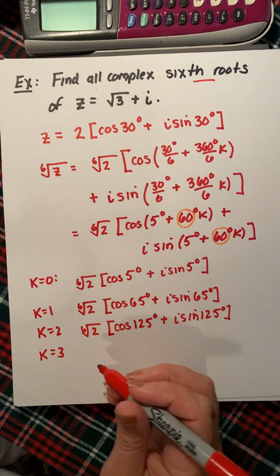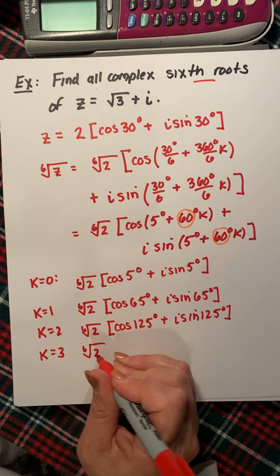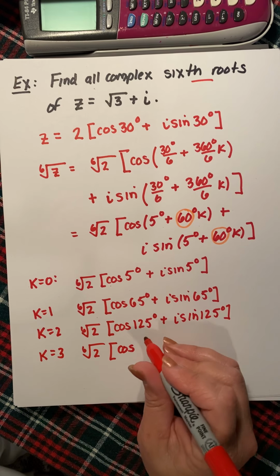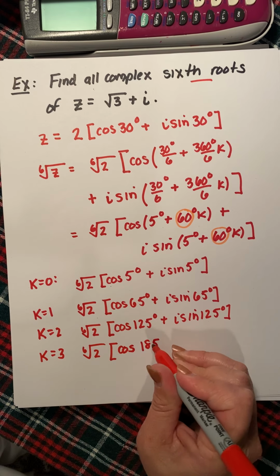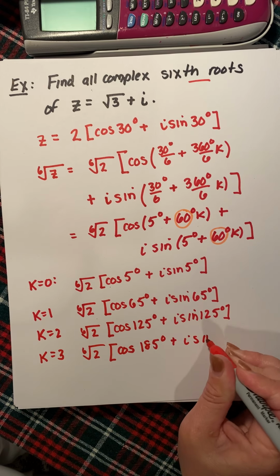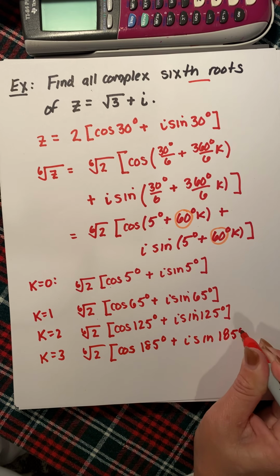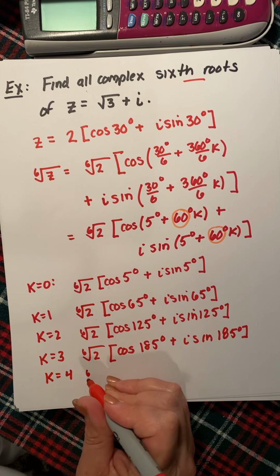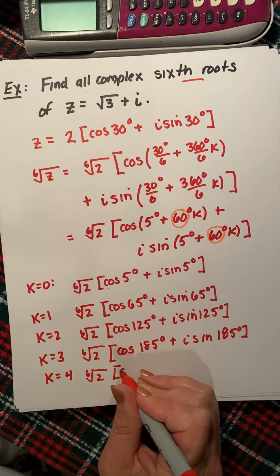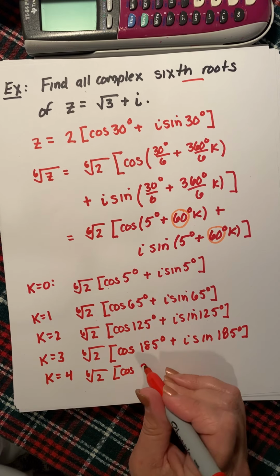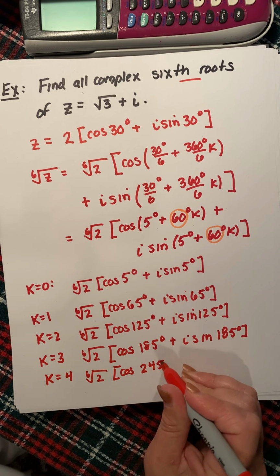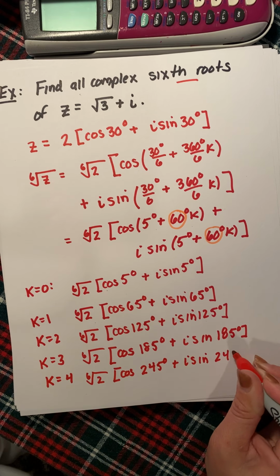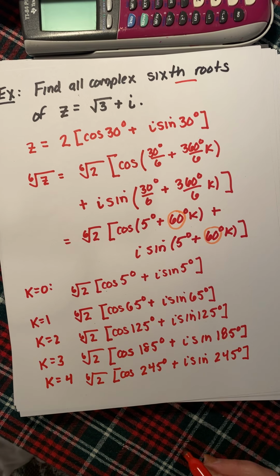The 5th one would be the 6th root of 2 cosine of another 60 degrees, which would be 245 degrees, plus i sine of 245 degrees. And then the last root would be the 6th root of 2 times the cosine, add 60 degrees, we're at 305 degrees, plus i sine of 305 degrees.